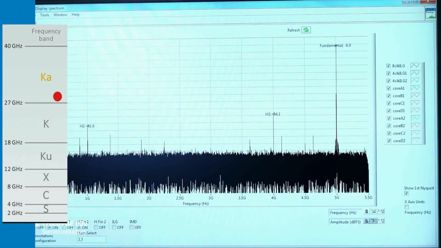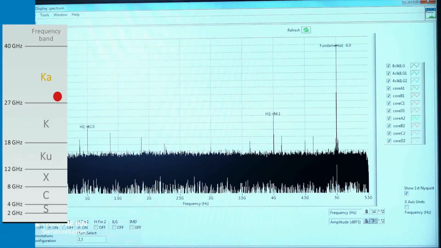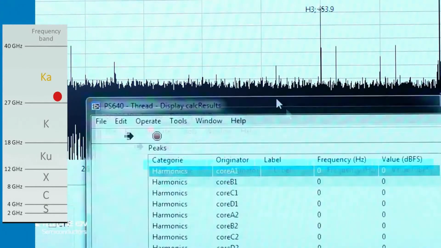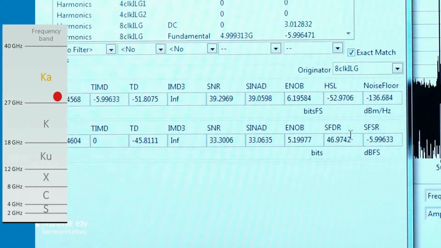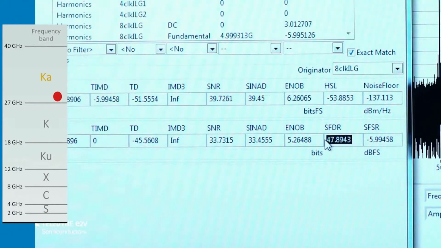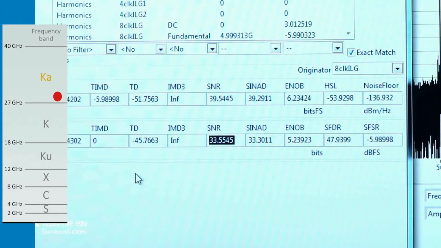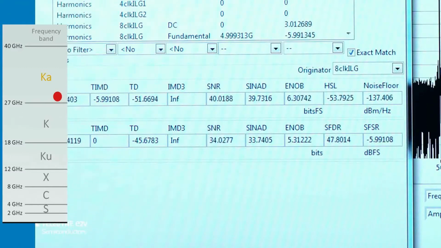In terms of performance, I can show you again the SFDR. So the SFDR is around 48 dB relative to the carrier. We have an SNR of still 34 dB, a total harmonic distortion of minus 47 dBc.